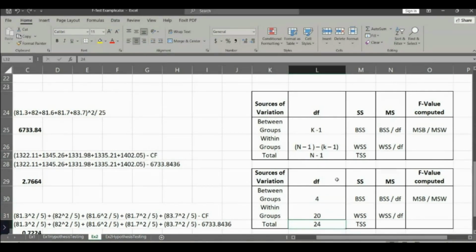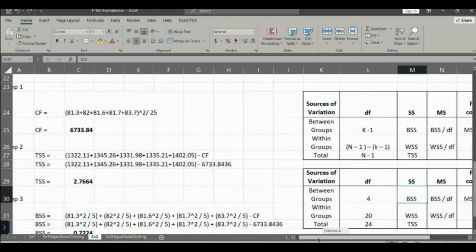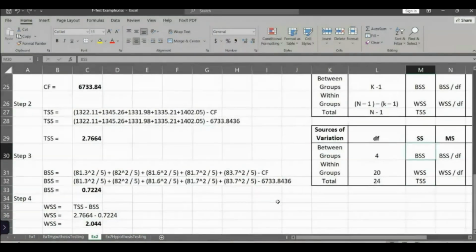Okay. Next, sum of the squares. You just have to copy our BSS here. We have 0.7224. WSS, within sum of the squares, 2.044, or gawin natin consistent, no?